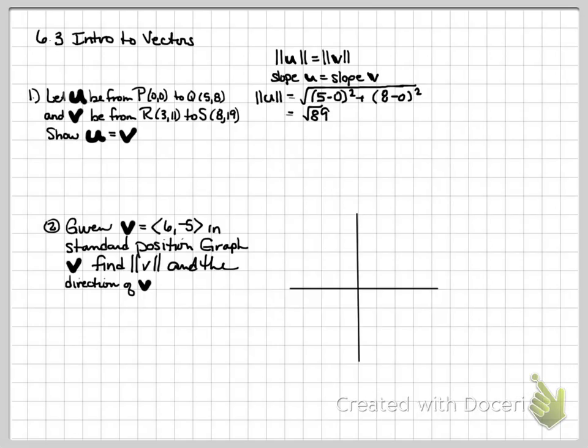Now if I look at the slope, if you remember, slope was y2 minus y1 over x2 minus x1. We want to go from where it ends up, at Q, so we subtract the y value of P from the y value of Q over the x value of Q minus the x value of P. And I get 8/5. And this was the slope of u.